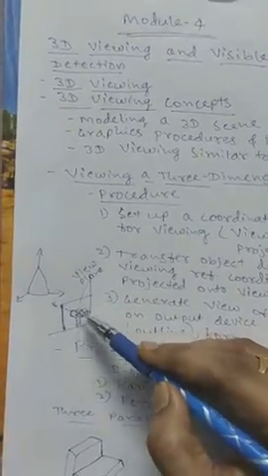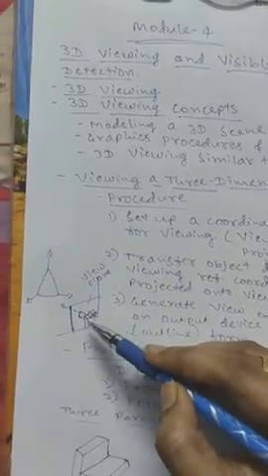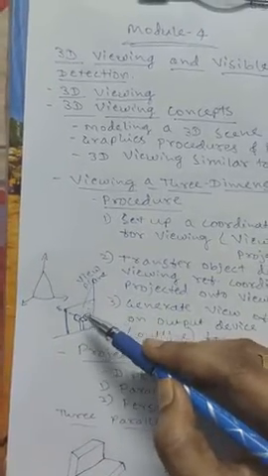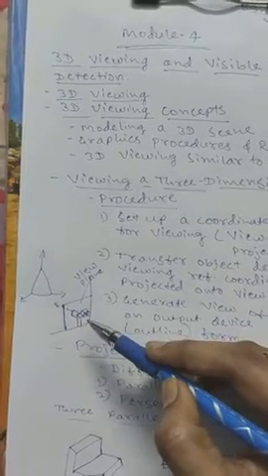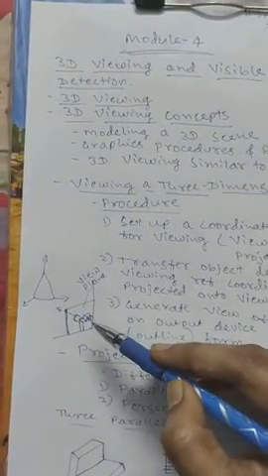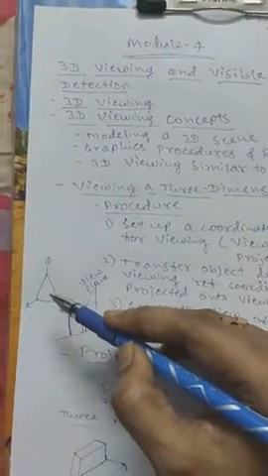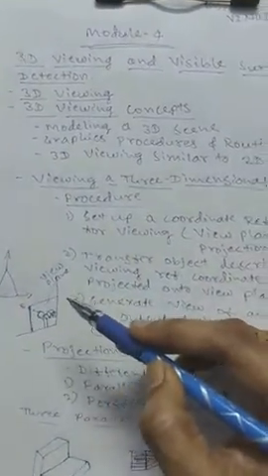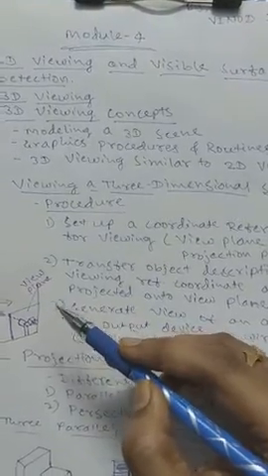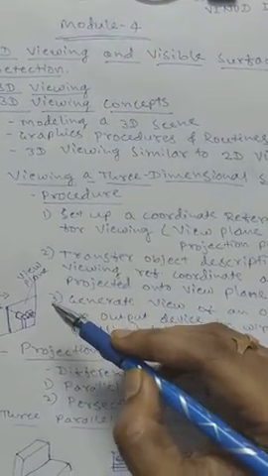This is our camera. You can consider this as a view plane, and this in turn projects that particular scene or that particular set of objects in three dimensions. So is it clear?